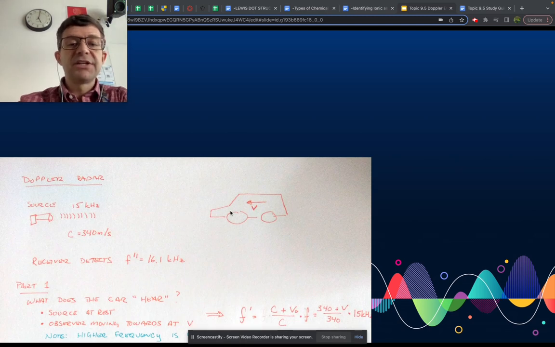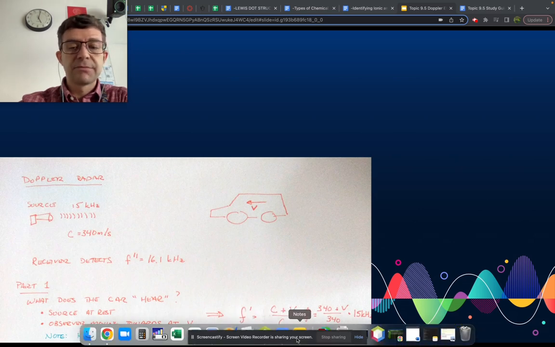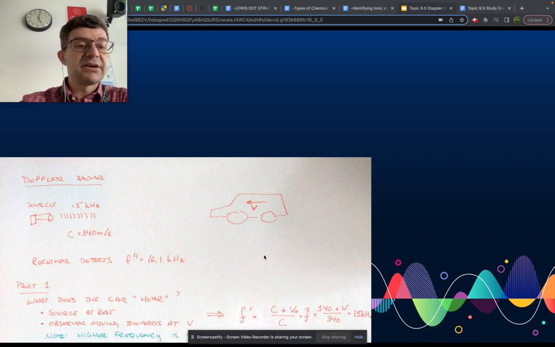However, not only does the car observe waves, it also emits waves, reflecting them backwards. As it's reflecting those waves and the source of those waves is moving, because the car is the source, there's a second Doppler shift associated with the waves before they return to the original radar gun. So we have two pieces that are happening here.